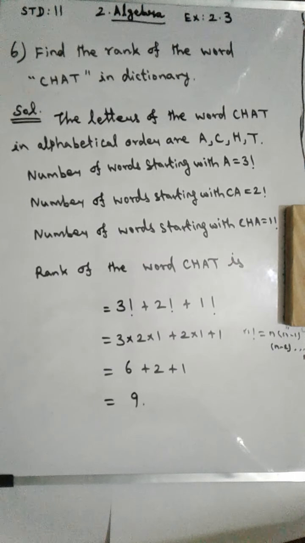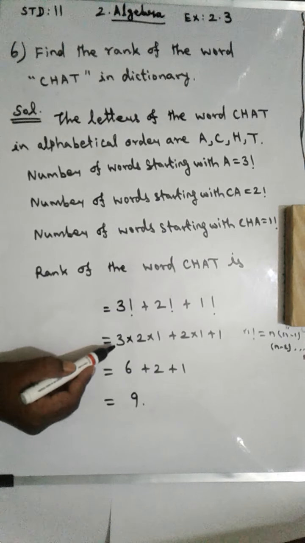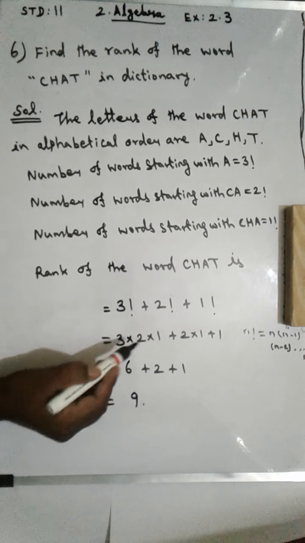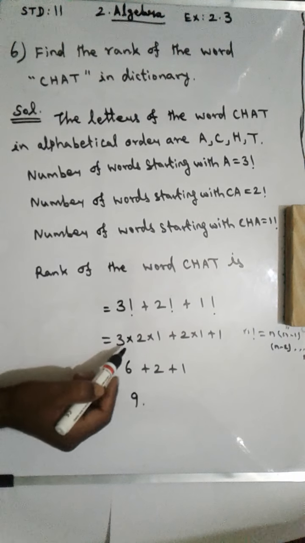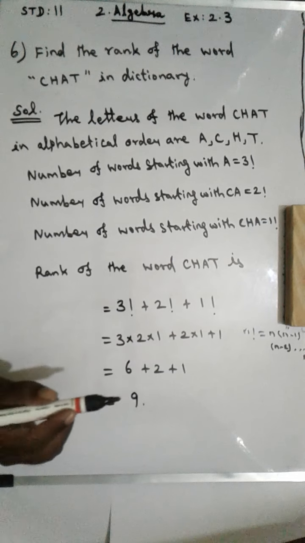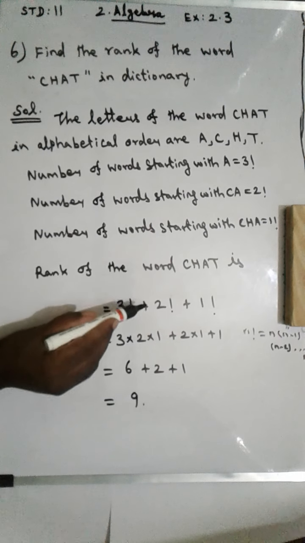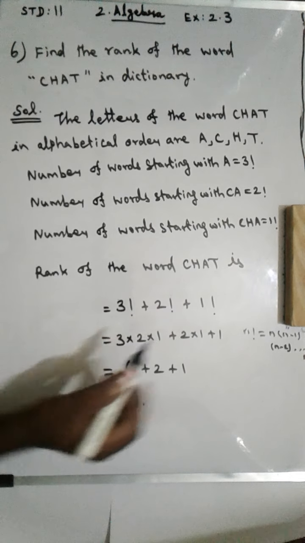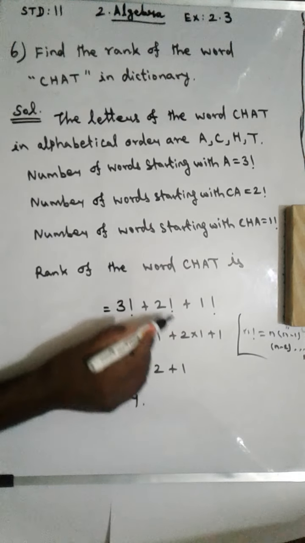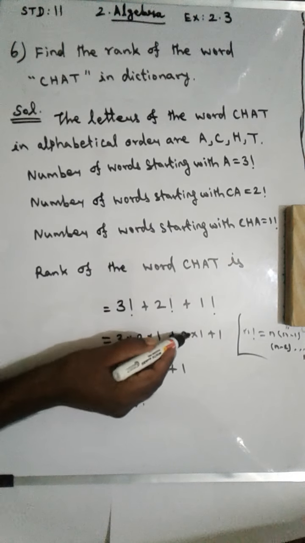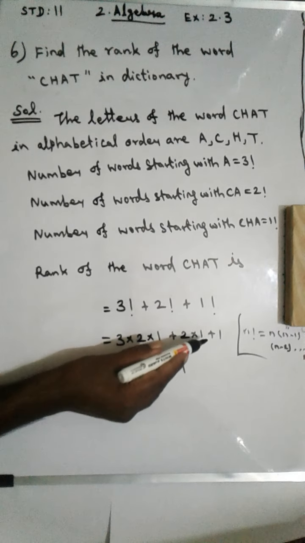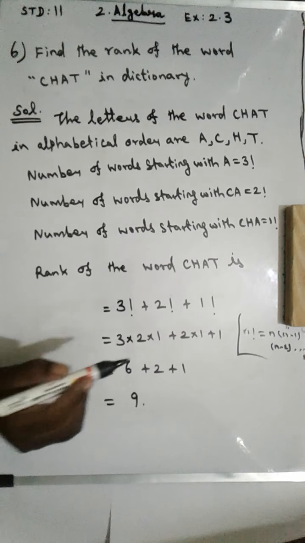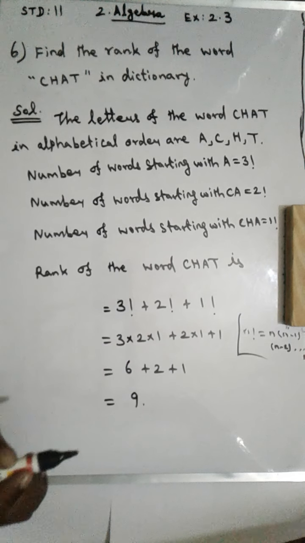So 3 factorial is 3 into 2 into 1, plus 2 factorial, which is 2 into 1, plus 1 factorial, whose value is 1.